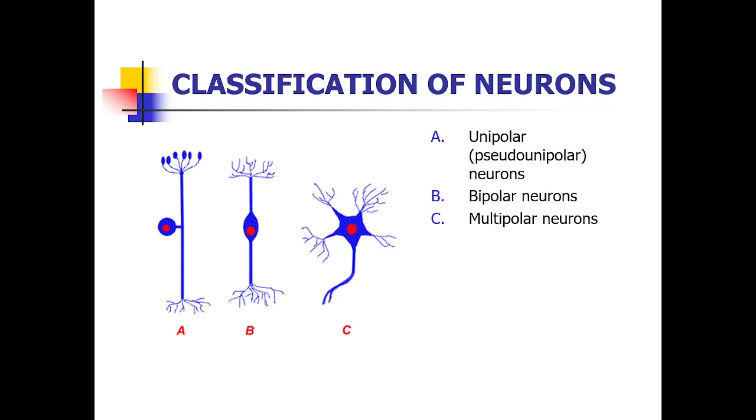Absolutely correct, they are very rare. The most common though are the C-type neurons, multipolar neurons with one axon and a couple of dendrites. We talk today about motor neurons, and they are multipolar neurons.